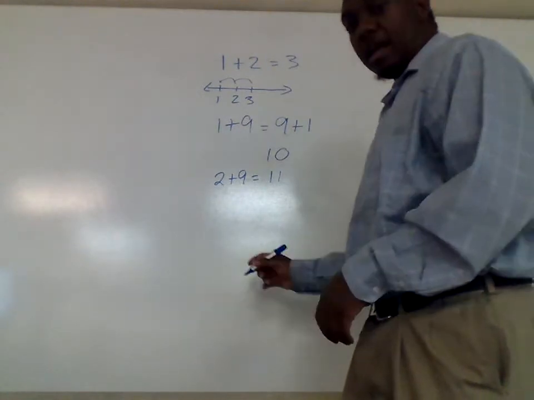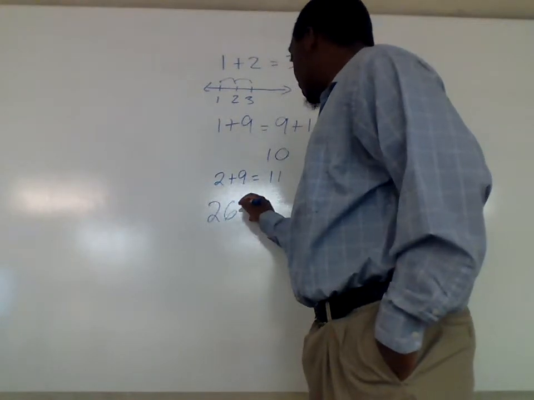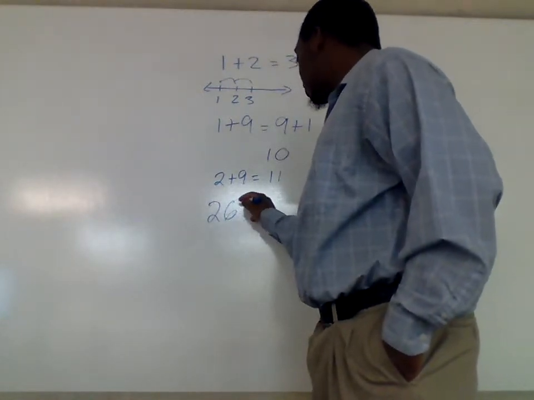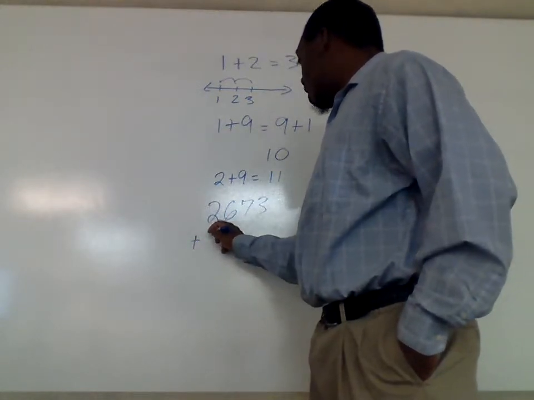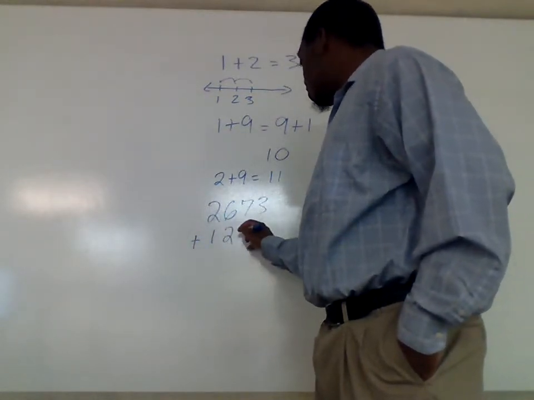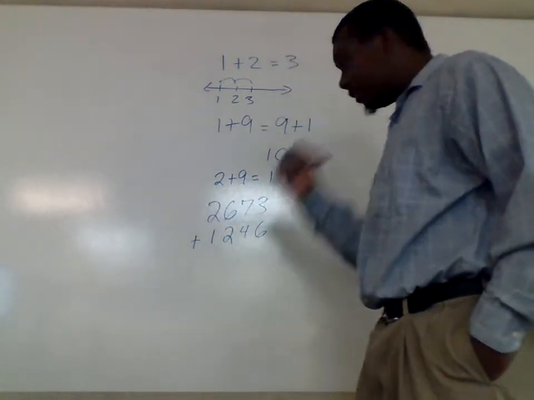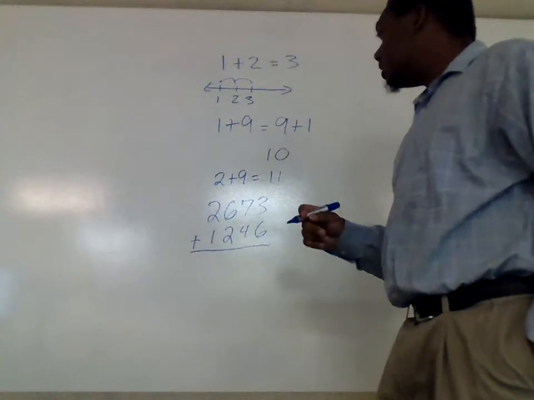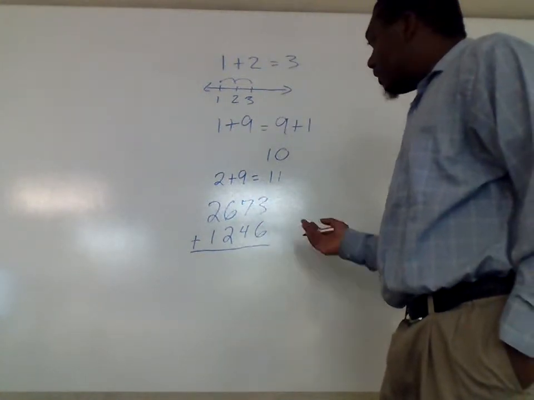For example, if I were to have the number 2,673, and we were to add to that 1,246, and I can very easily add this, but what if I wanted to get an estimate?